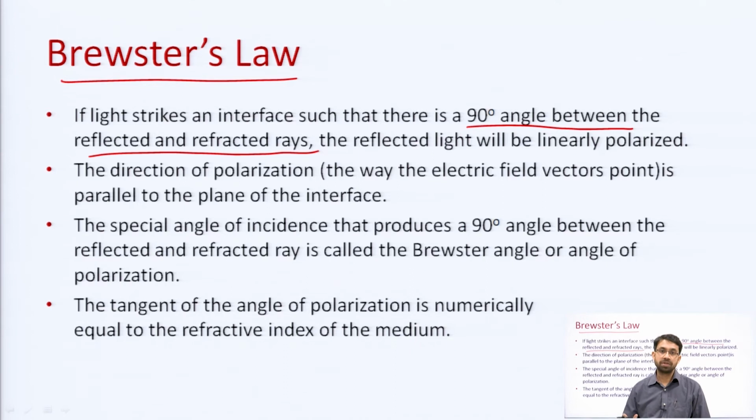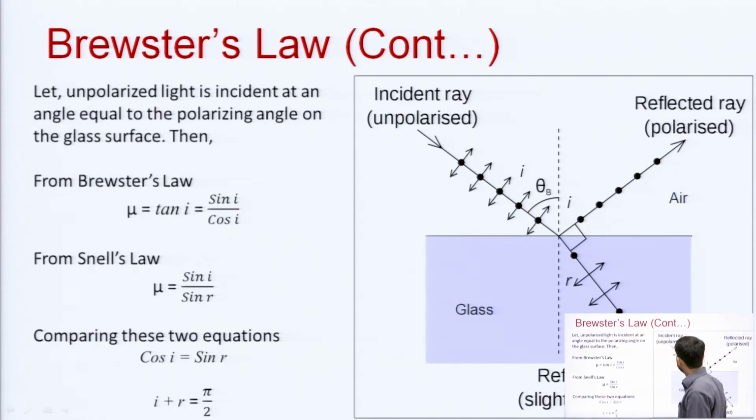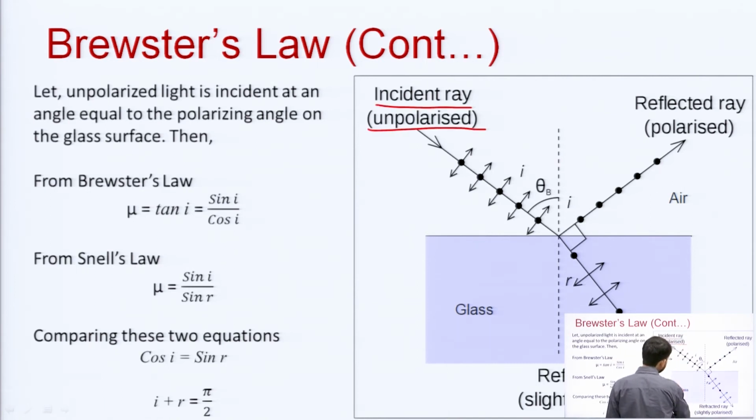So, what is Brewster's law? According to this law, if there is a 90-degree angle between reflected and refracted ray, then in this condition the reflected ray is linearly polarized. Over here, through this diagram we can understand this. So, this is unpolarized light, the incident light ray, this is glass, this is again air.